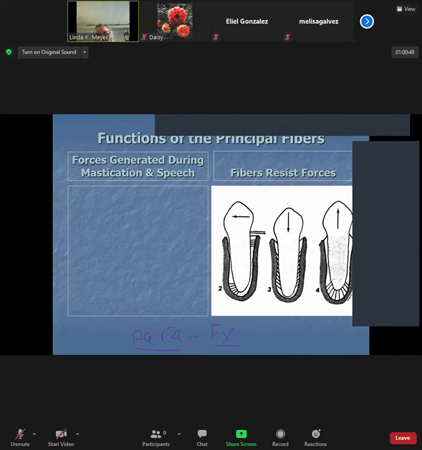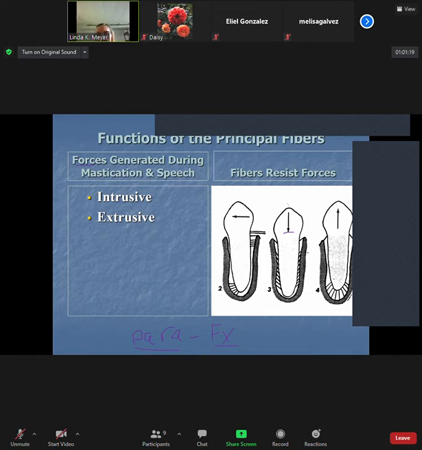And the fibers are going to be resistant to these mechanical forces on the tooth. The specific kind of force they resist depends upon their orientation. There are intrusive forces shown in the middle picture. That's like when you're biting down on your teeth, straight down.